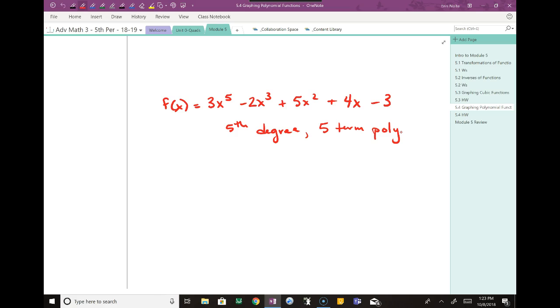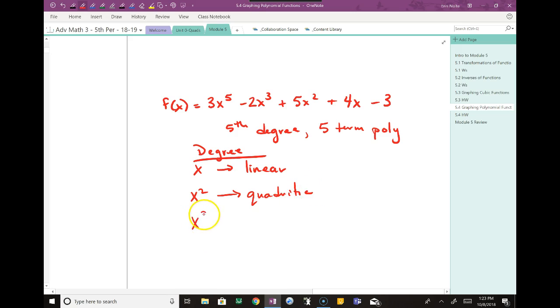Okay, so for degrees, if it's just an x, that's linear. So these are degrees. If you have x squared, that is quadratic. X to the third, cubic.